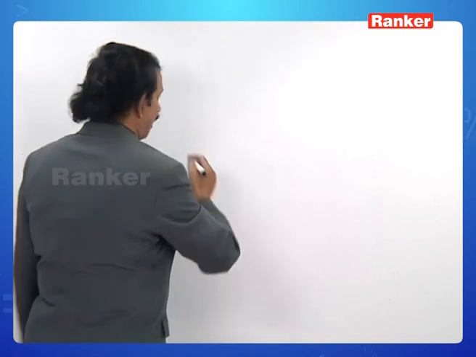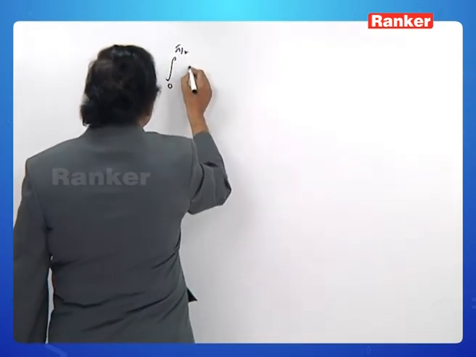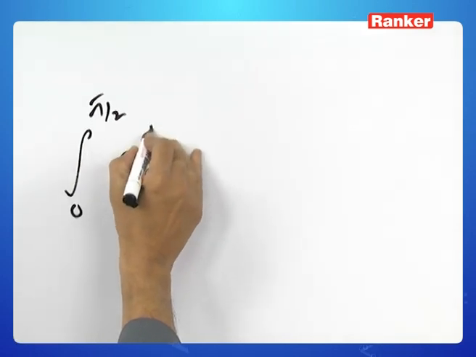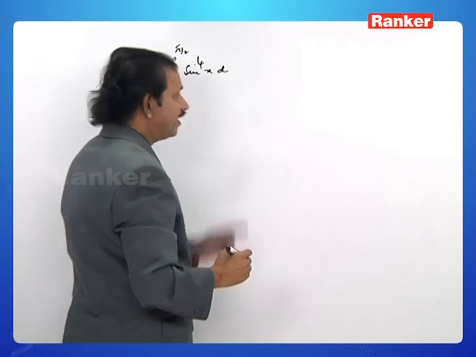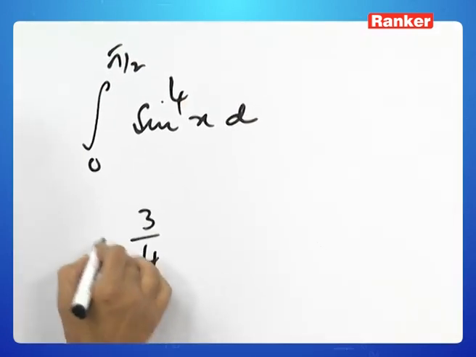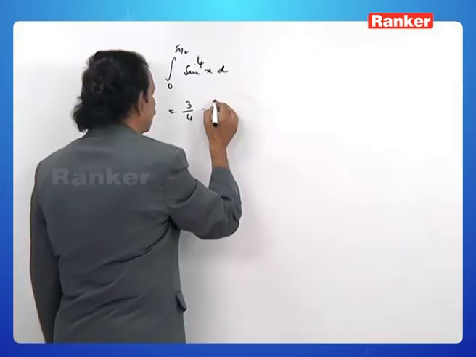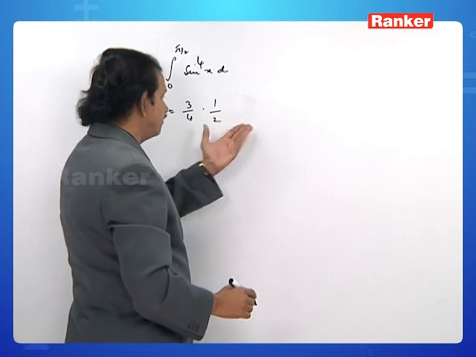Consider the problem: integral 0 to pi by 2 sine power 4 x. What is n? 4. (n minus 1)/n is 3 by 4. 4 minus 2 is 2. Can you still decrease? No, here it becomes 0.